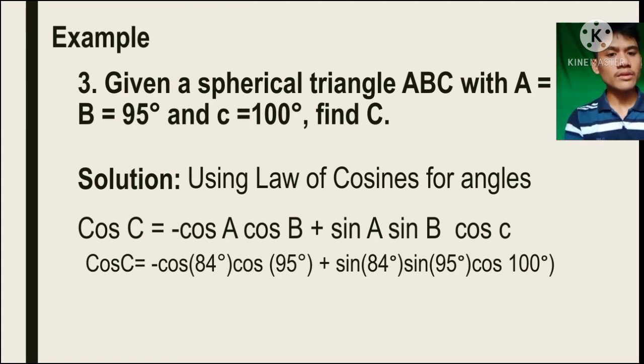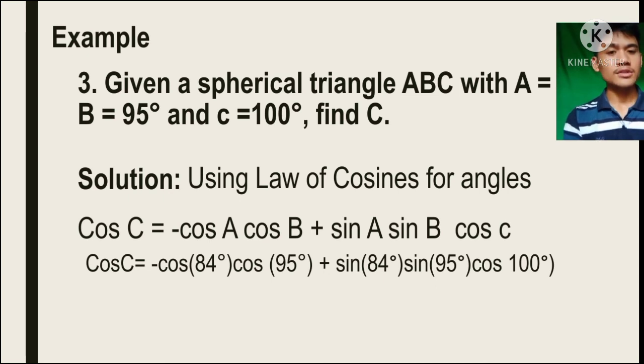We came up with cosine C is equal to negative cosine 84 degrees as the value of our angle A, cosine 95 degrees as the value of our angle B, plus sine 84 degrees as the value of our A, sine 95 degrees as the value of our B, cosine 100 degrees as the value of our side C.